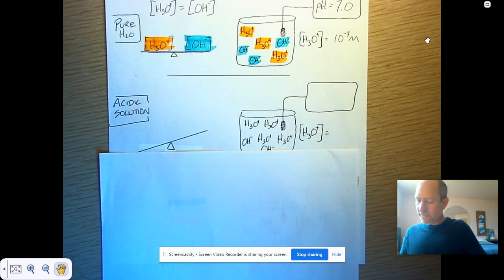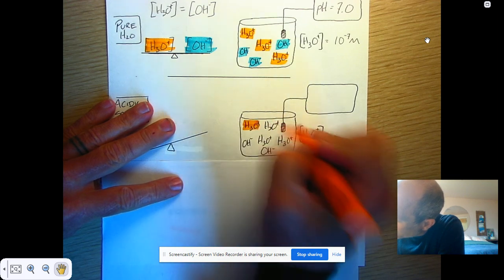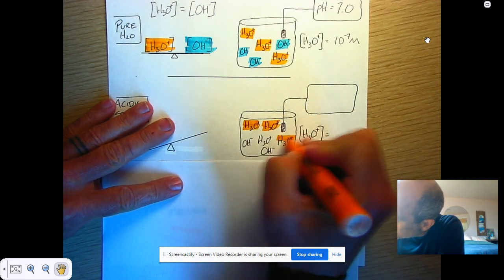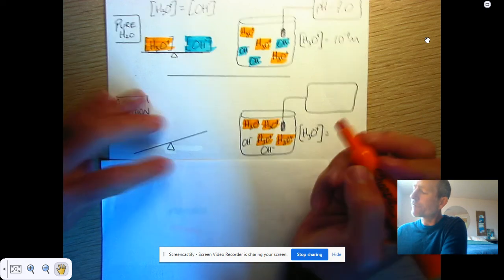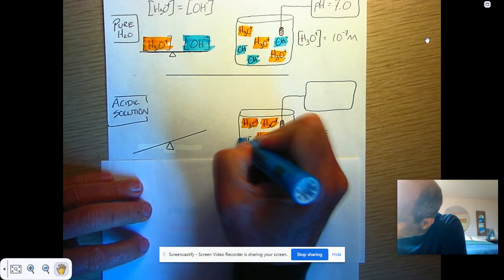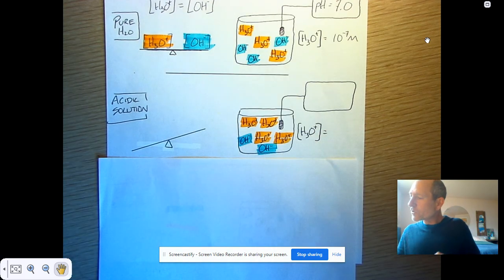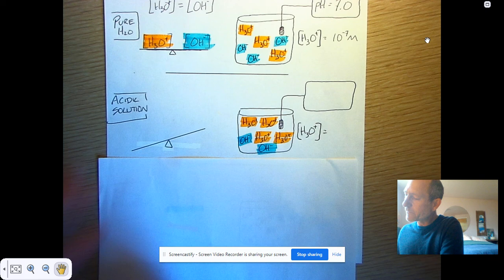Let's look at an acidic solution this time. In an acidic solution, let's see, we've got 1, 2, 3, 4 hydronium ions, and we have 2 hydroxide ions. So we have more hydronium than hydroxide.